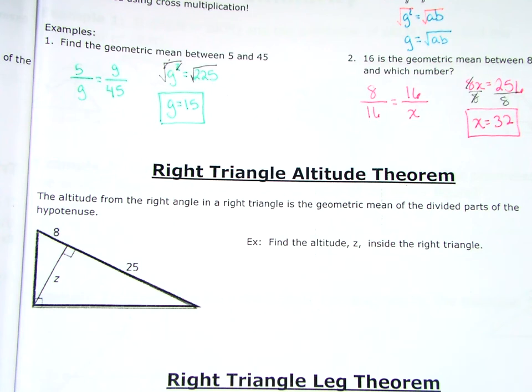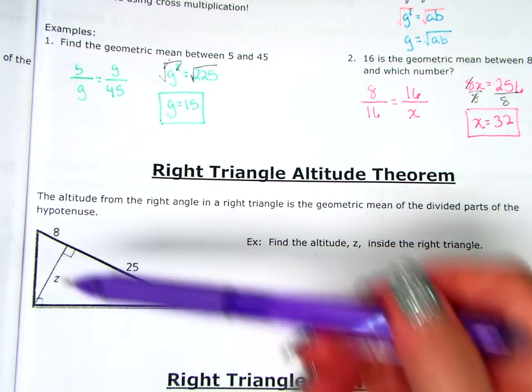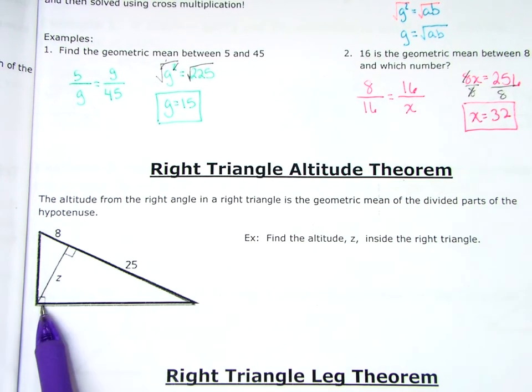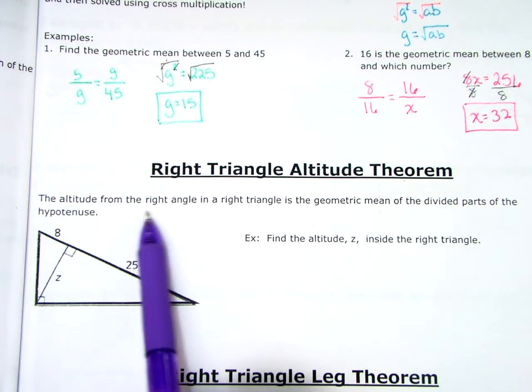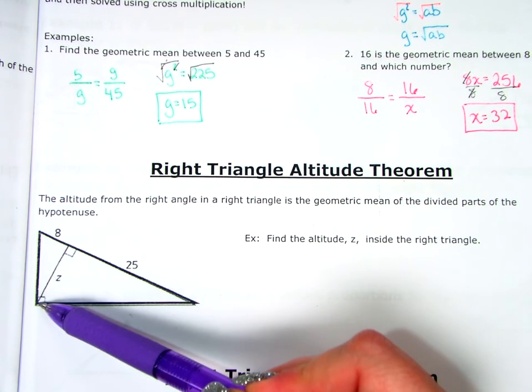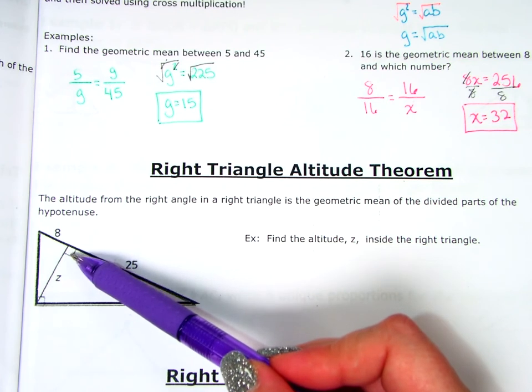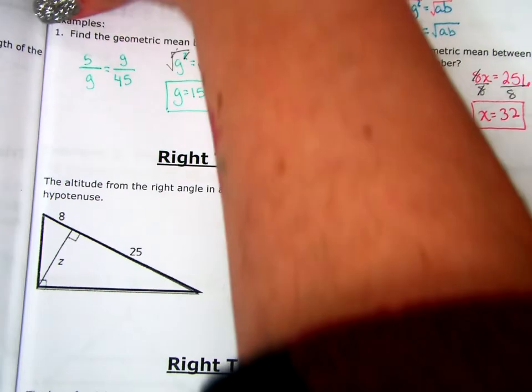So first, the altitude from the right angle in a right triangle. So remember, every triangle has three altitudes, right? So you start at a corner and you go to the opposite side at a 90-degree angle. So both the legs are altitudes. But I want the altitude that leaves the right angle, the altitude from the right angle. So I leave the right angle and I hit the opposite side at a right angle. So that's an altitude, right?